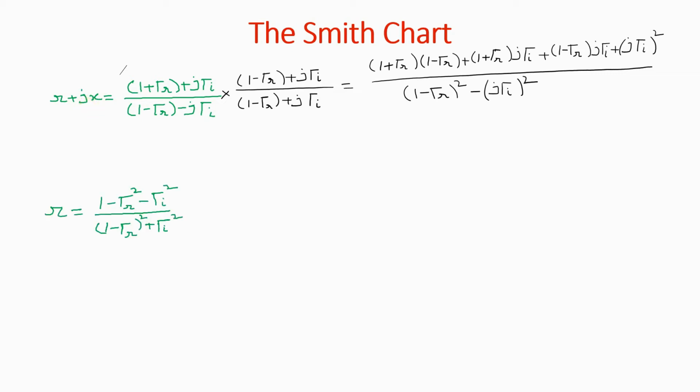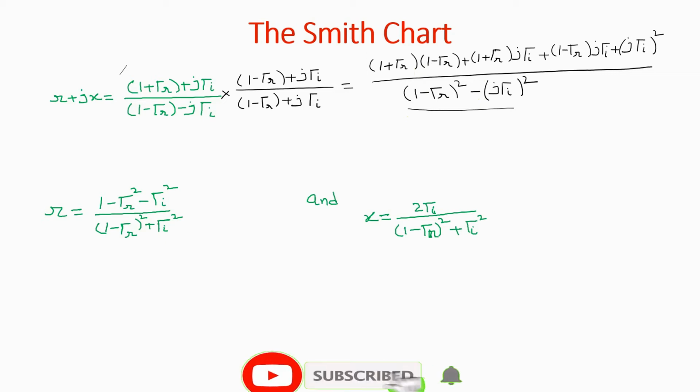So the value of r will be 1 minus gamma r square minus gamma I square divided by this vector. Okay, that will be j square, and j square is minus 1, so that will be positive here. Similarly, the value of x is 2 gamma I.